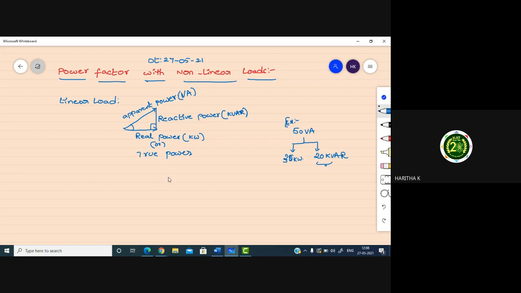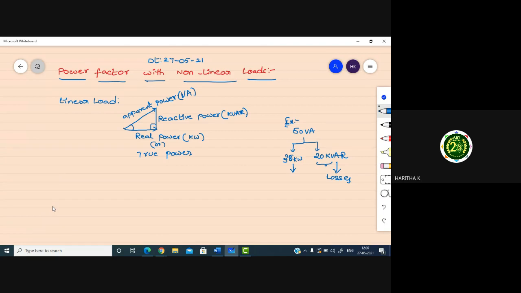This is the reactive power consumption. Whatever electrical energy you are taking from the utility is divided into two parts. One is real power and another one is reactive power. This real power is used for producing work, whatever your necessity is, your load. And what about this power? It is going to be a loss.